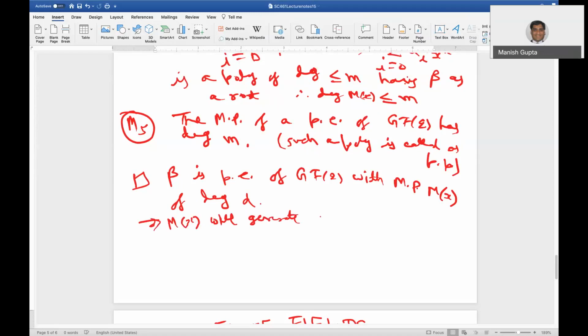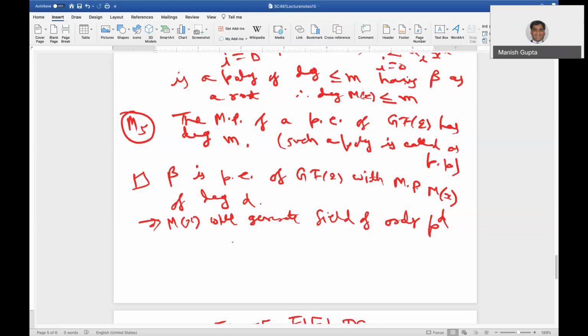Let the field be of order p raised to power d. Okay, but this field contains beta.